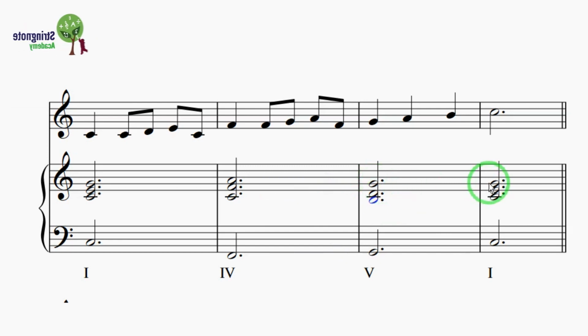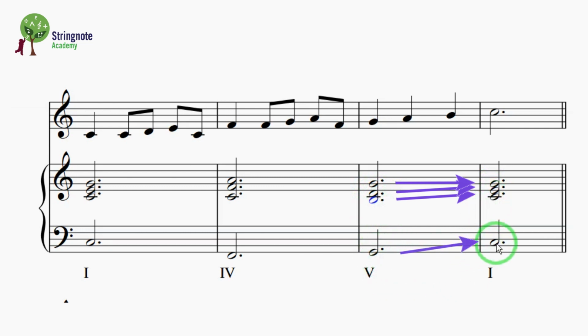Okay, from here to here we have a common note, G and G. This is a fifth, the dominant, going to the tonic, and one of the notes is common, which is very good, harmonically speaking. Then this one goes up a second, this one goes up a second too, and this one jumps a fourth.